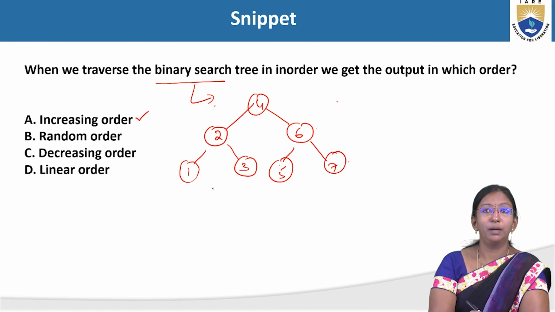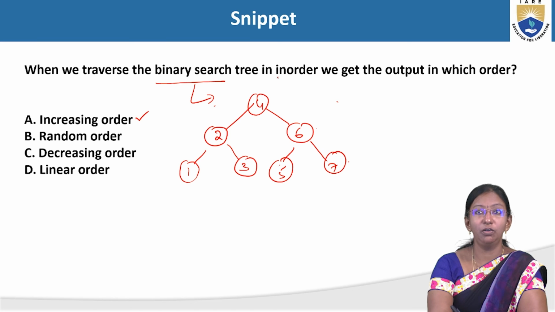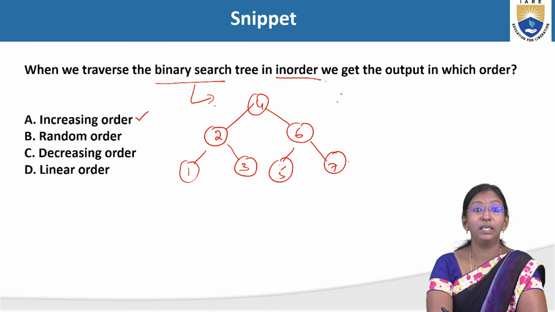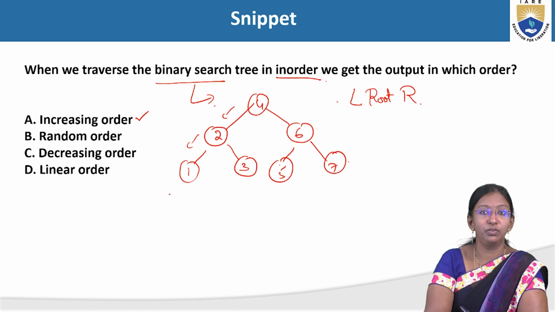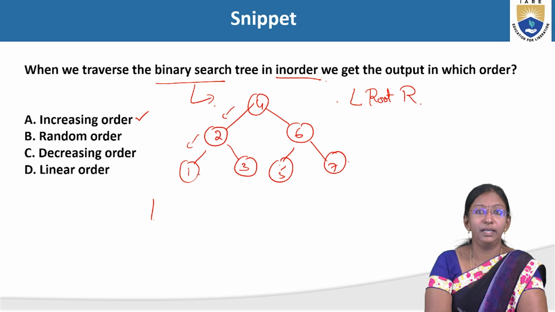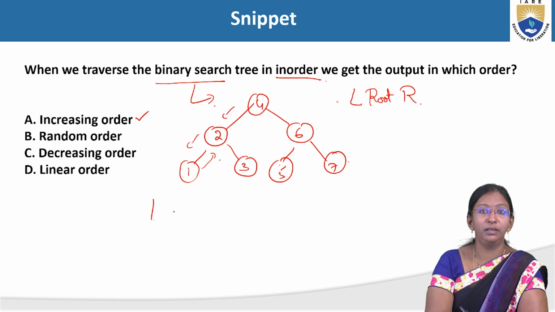They have asked for in-order traversal. What does in-order tell? The order of visiting is first the left node, then the root node, then the right node. So first you travel to the leftmost, that is 1. Then its parent, which is 2. Then its right, which is 3.